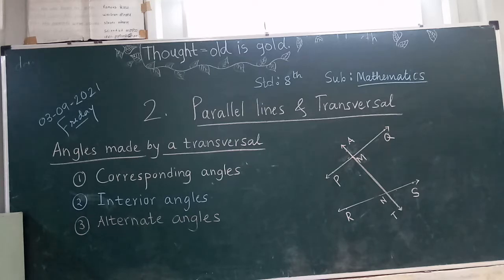And what is meant by alternate angles? Pairs of angles which are on the opposite sides of the transversal and their arms on the transversal are in the opposite direction. Such pairs of angles are known as alternate angles.